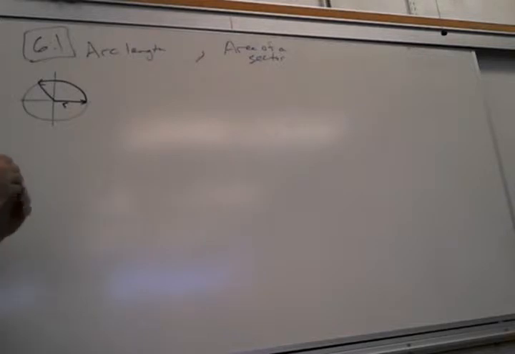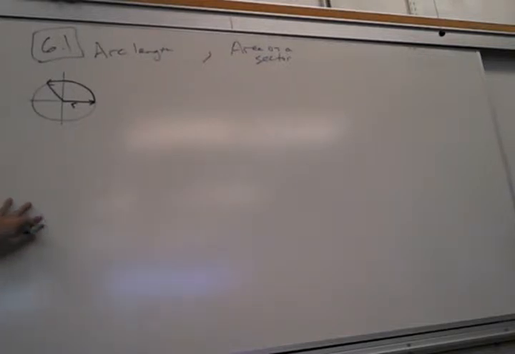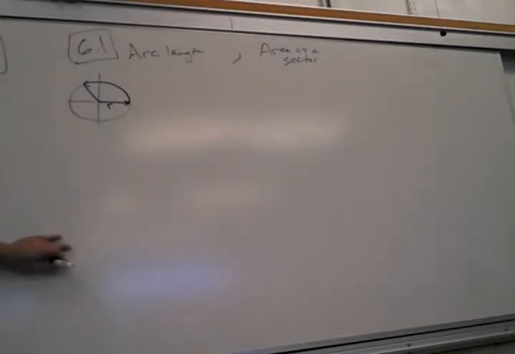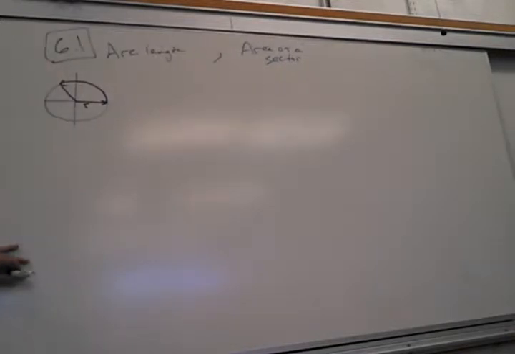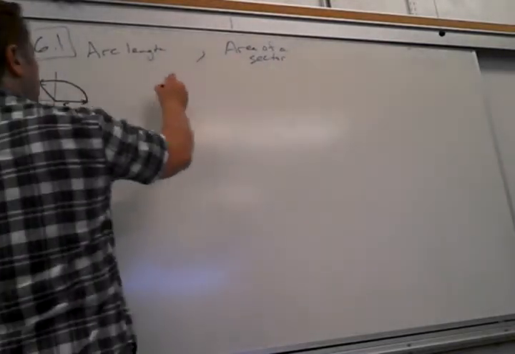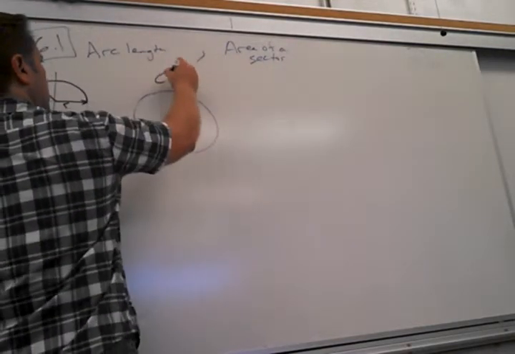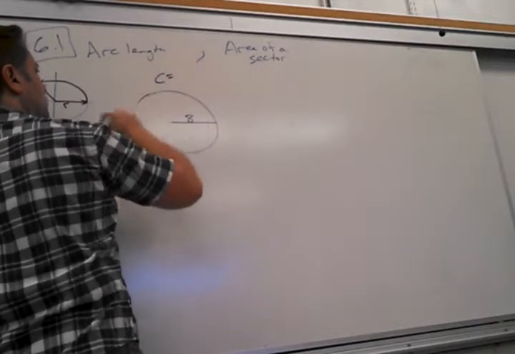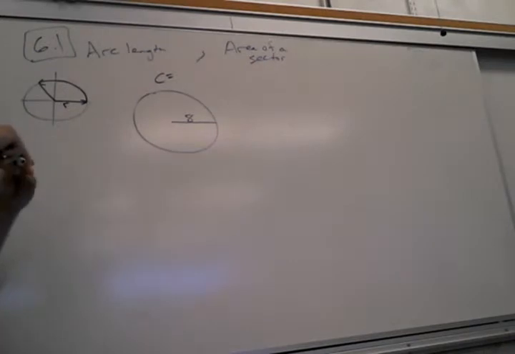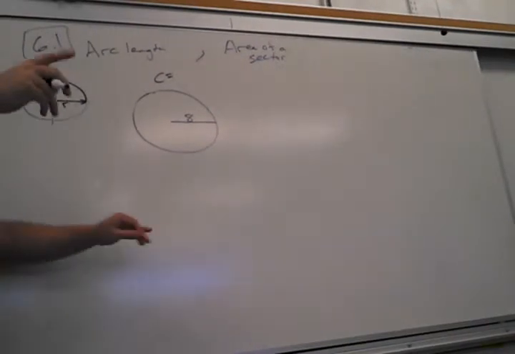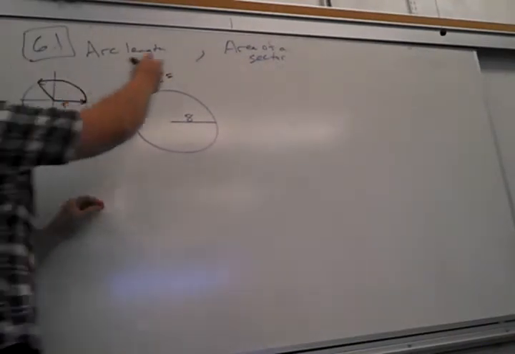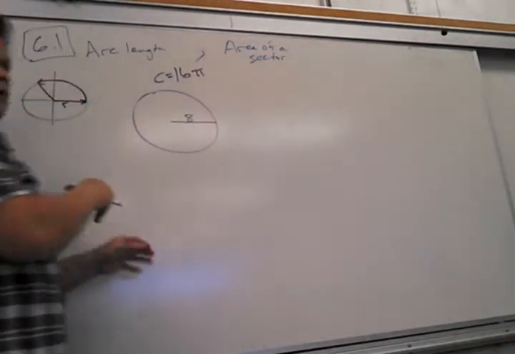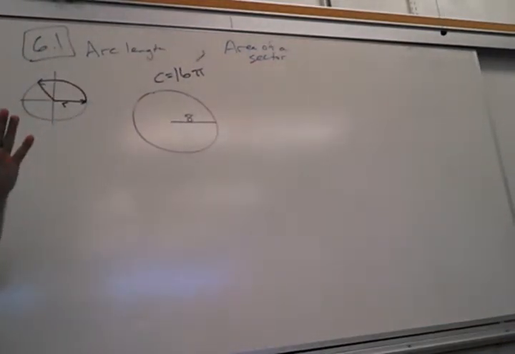So let's do a concrete example of this, and then we'll try to figure out what the general formula would be. Right? So if I had a circle, let's say the radius is 8. So what would the circumference be? 16 pi. Good. Is everybody with me?